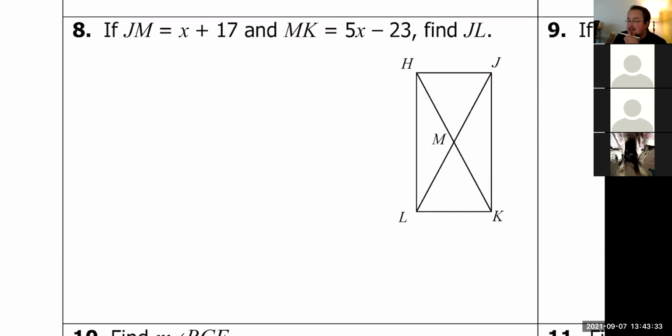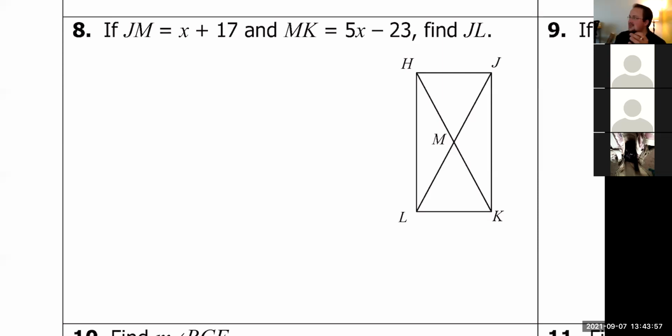Well, something special about diagonals in rectangles, and we've kind of already used it in an earlier example, but two things are said about diagonals in the rectangle. One, because they are parallelograms, they bisect each other. And two, because they are rectangles, they are congruent to each other.